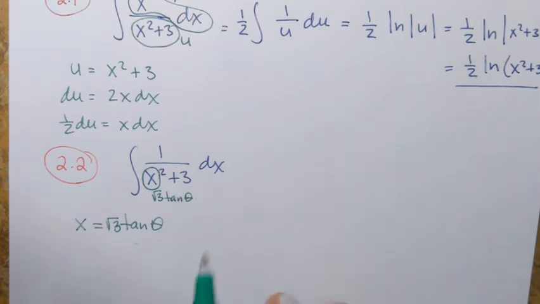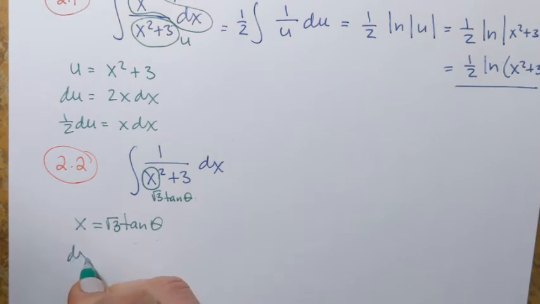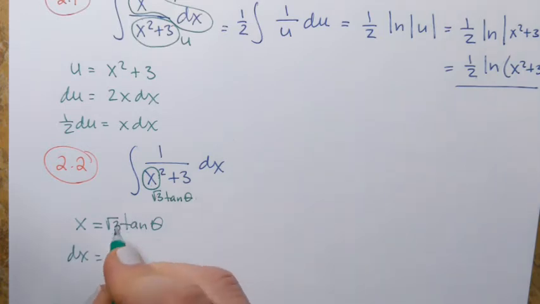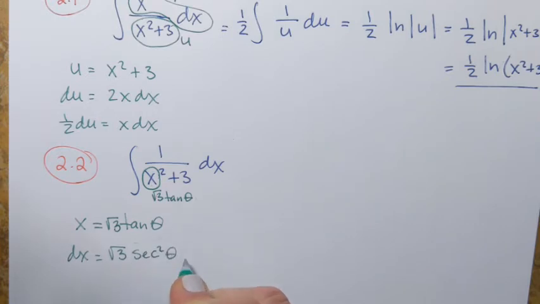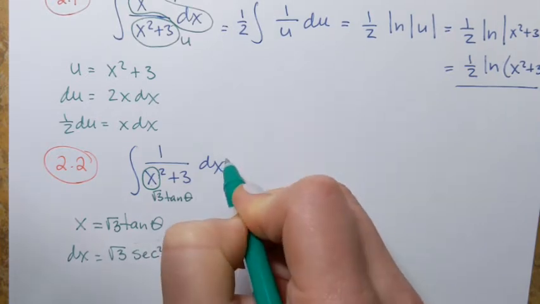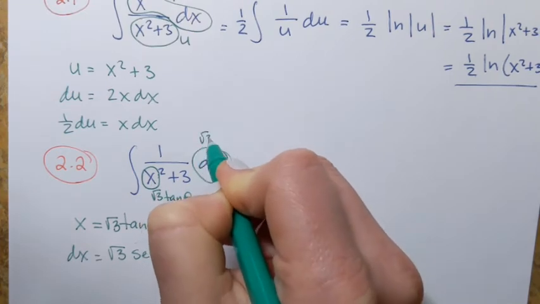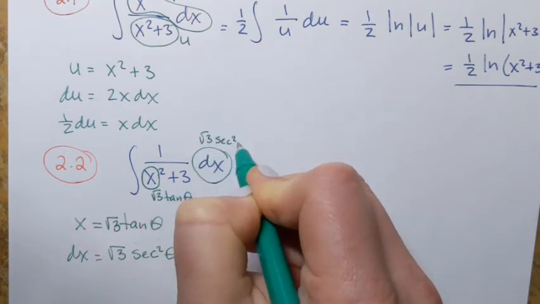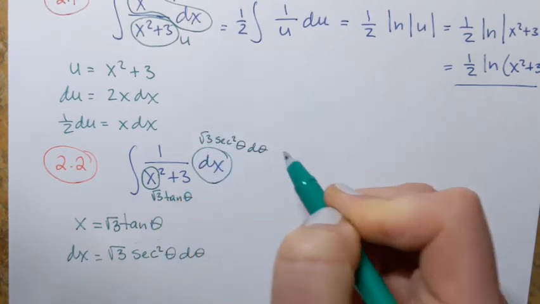Let's write down what we're going to replace dx with. For that, I have to find the derivative of tangent. The derivative of tangent is secant squared, and the constant stays. So dx is square root of 3 secant squared of theta d theta.